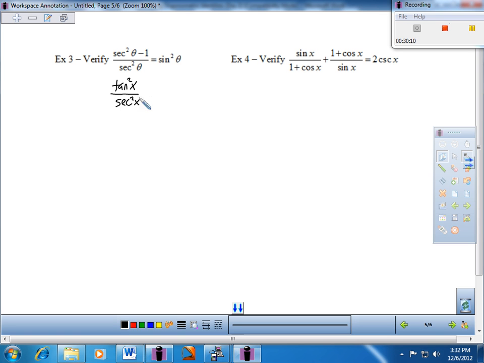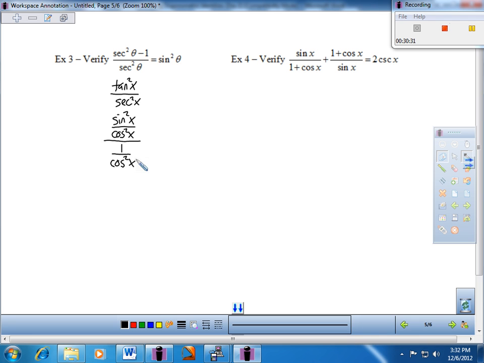Okay, so that was my first thought. I did that, and then I saw this piece. I know I'm trying to get sine, and so the next step is just put everything in terms of sine and cosine. So tangent squared is that. Secant squared would be this. So down on the bottom, it just turns into a 1 over.